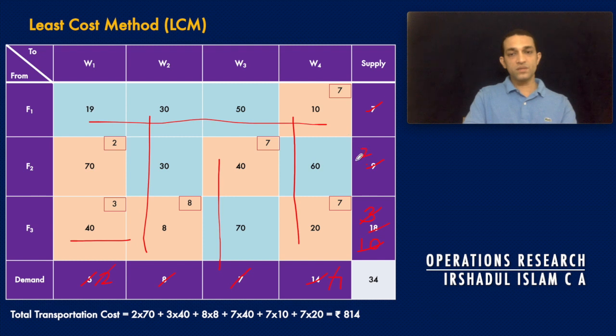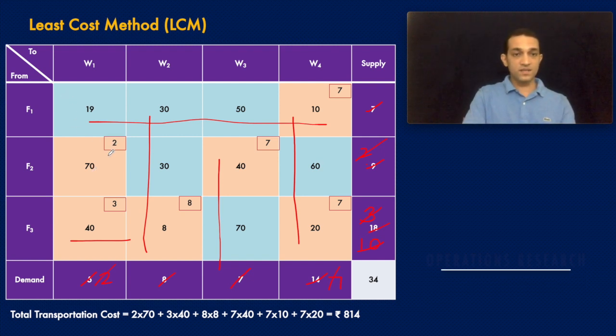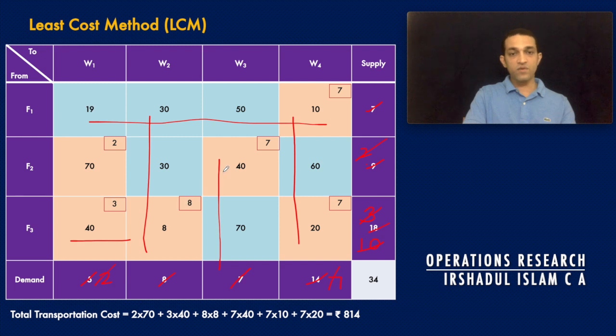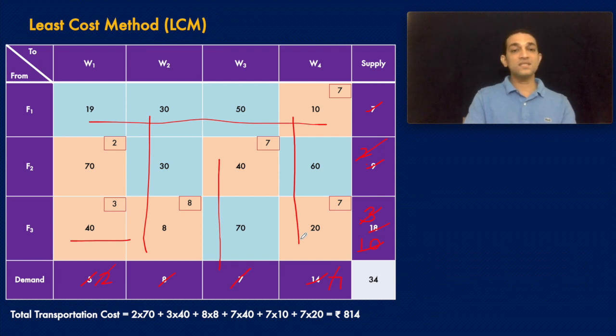These two are cancelled, and it will be allocated here. Now also you just see how many occupied cells are there. 1, 2, 3, 4, 5, 6. For recognizing these cells, I have given different colors, so it is very easy for you to understand. There are 6 occupied cells.